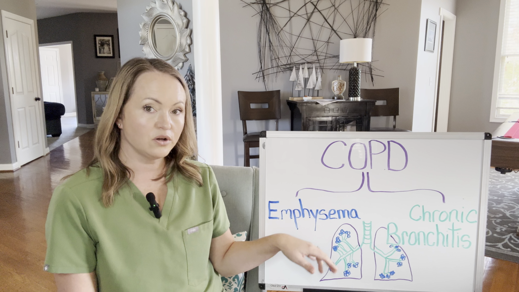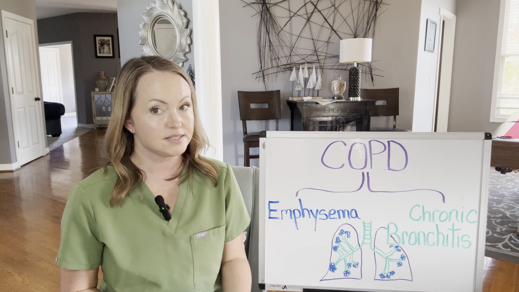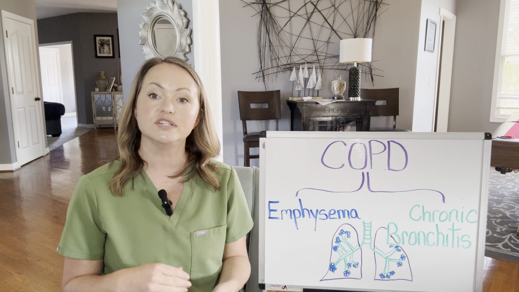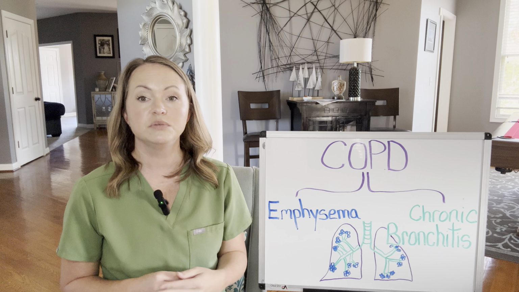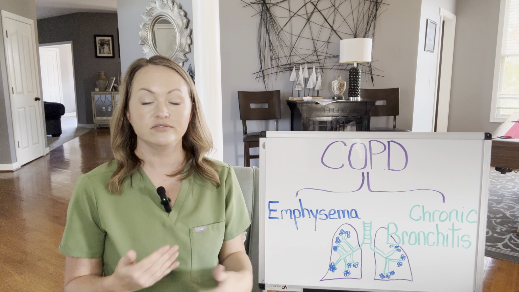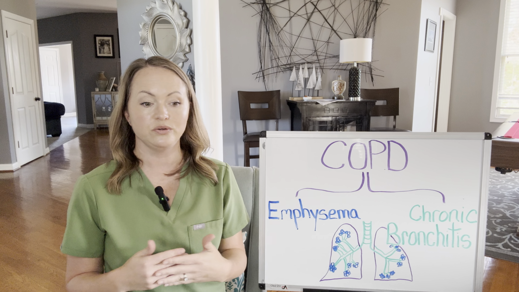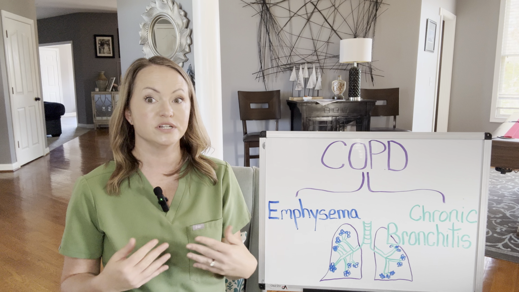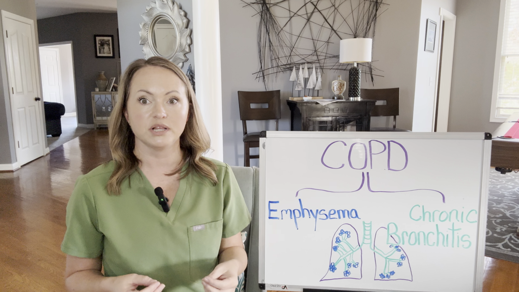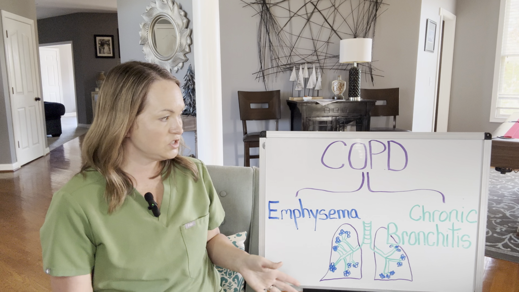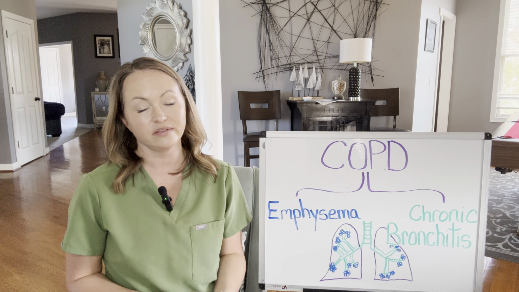So these alveoli are responsible for giving your body the oxygen that it needs and getting rid of the CO2 that you don't need. And not only do you not need it, but it can be toxic if it sits in your blood, and it'll just accumulate. That's when you hear about people who are COPD retainers. These are people that will actually keep the CO2 in their blood. So as you can see, that's why COPD is so bad, because it affects everything, really.